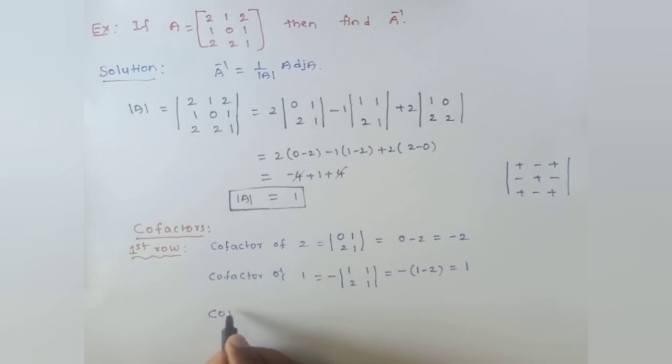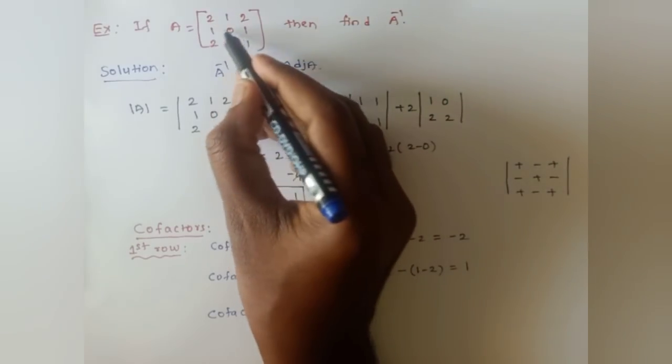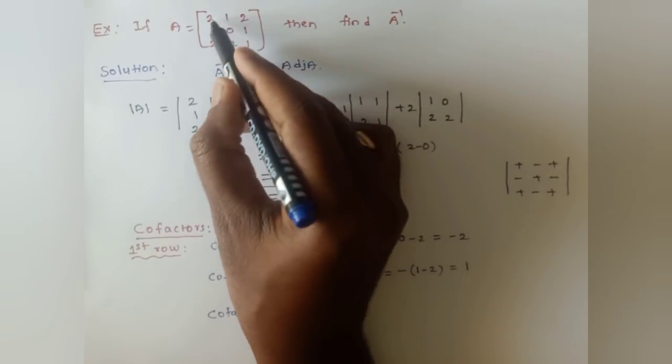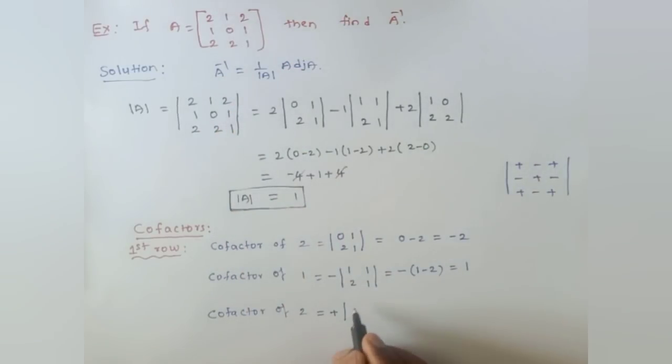Next, the cofactor of the next element, 2, so the sign is positive only, into the 2 by 2 minor determinant 1, 0, 2, 2, since we delete this row and this column. Now this is 1 into 2, 2 minus 0, which is equal to 2.